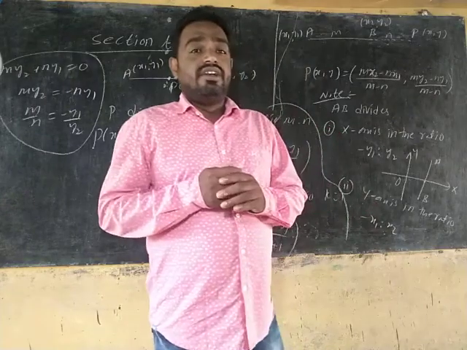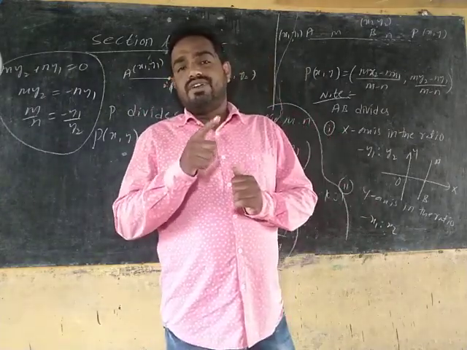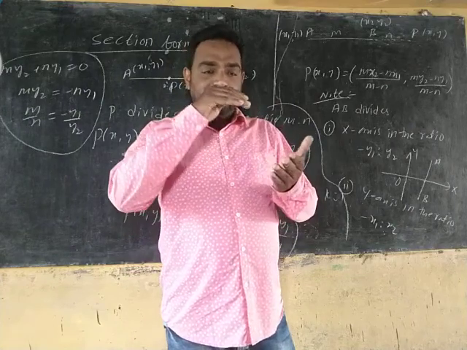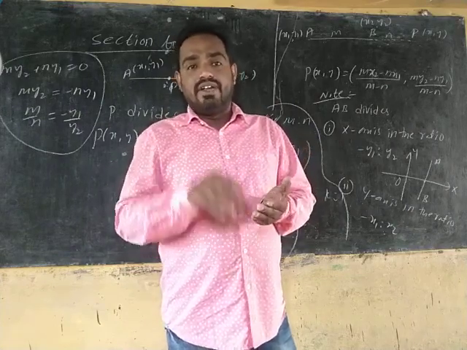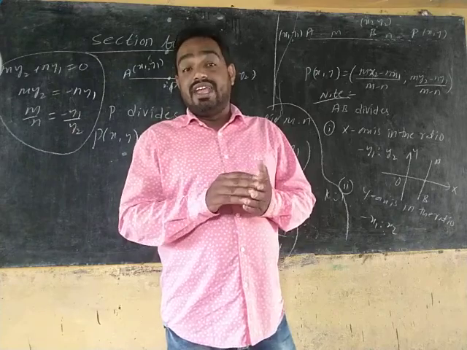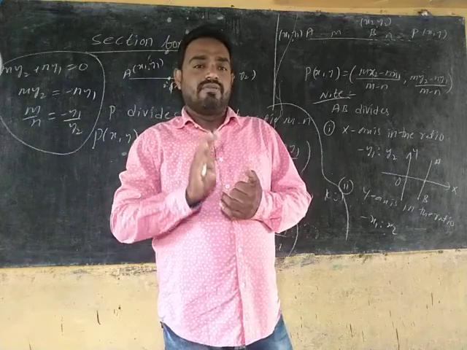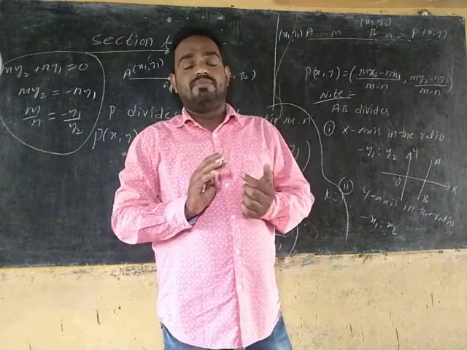Simply remember: if the dividing ratio is positive, the point is an internally dividing point. If the dividing ratio is negative, then the point is an externally dividing point. Remember by the sign of the ratio.